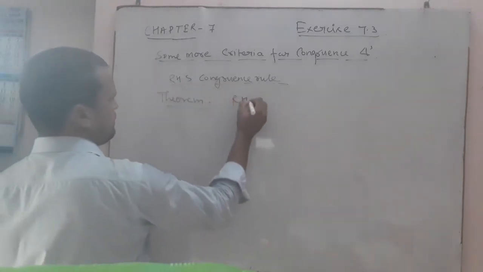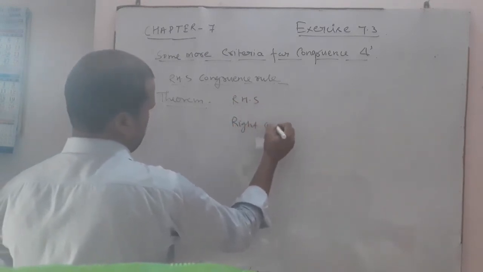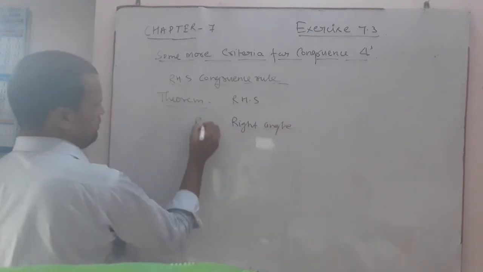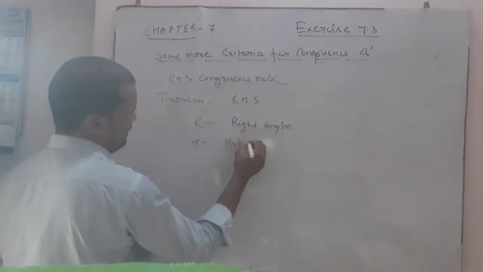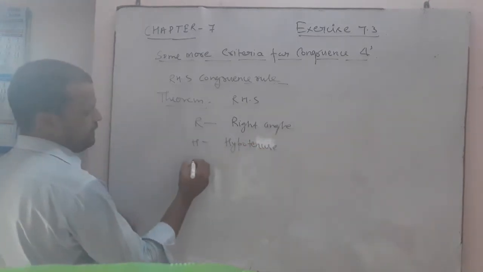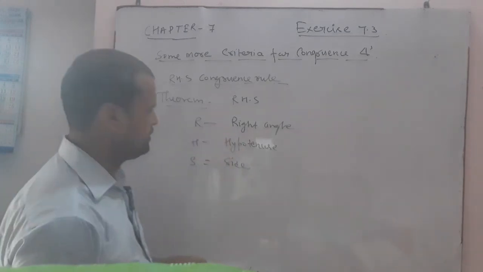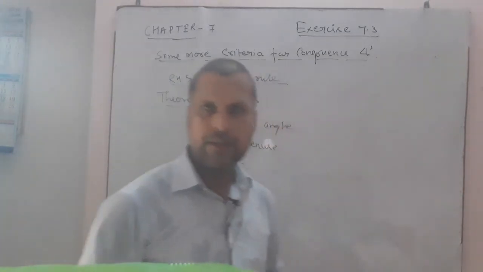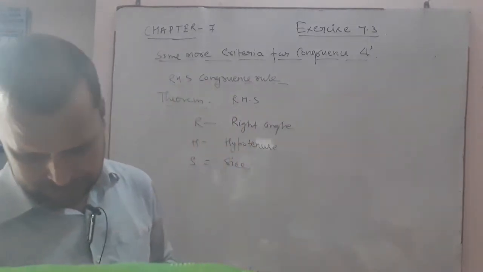RHS means R for right angle, H for hypotenuse and S for side. So what is the statement of this theorem?